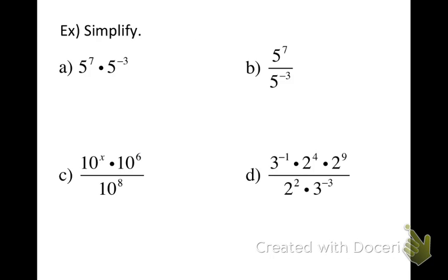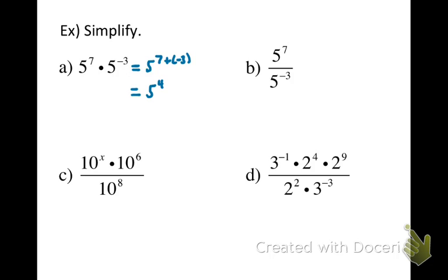Now let's look at some examples where we're going to apply those particular properties. You see several examples on your screen. First, you see 5 to the 7th power times 5 to the negative 3rd power, and as we were saying a moment ago, whenever you multiply two powers with the same base, as is the case here, you add those exponents together to simplify that expression, and 7 plus negative 3 gives you 4.